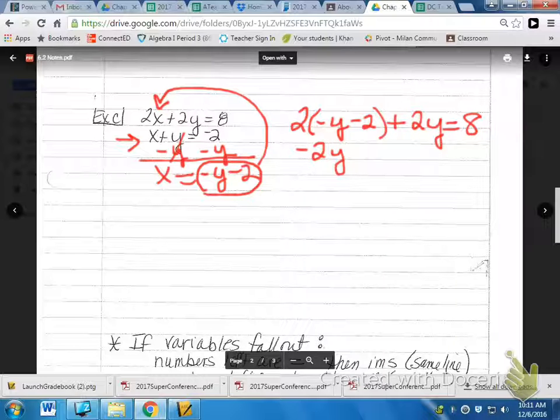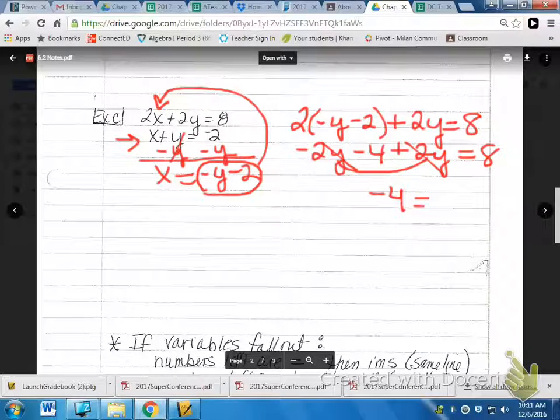-2y minus 4 plus 2y equals 8. And combine like terms, so -2y plus 2y. Uh-oh, what happens there? Cancels out, there is no y, which leaves me with -4 equaling 8.